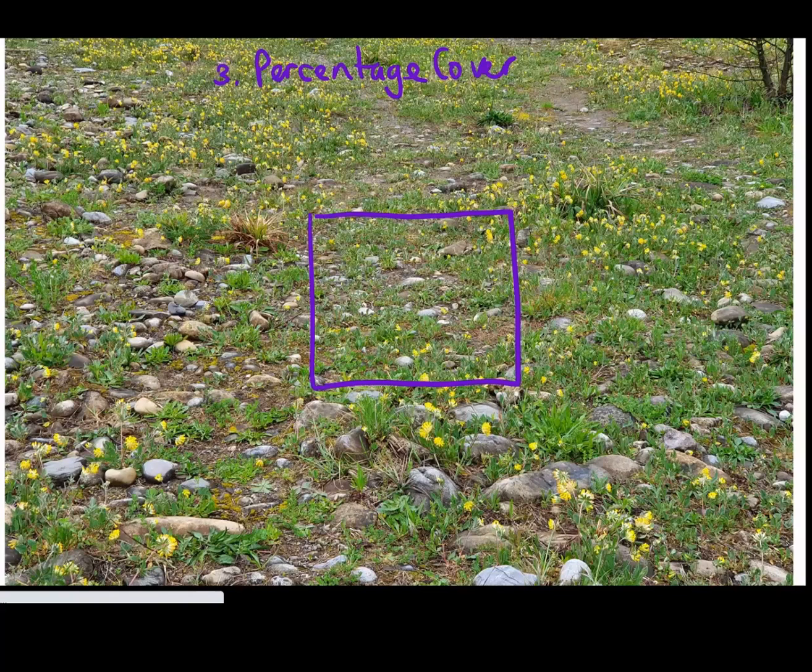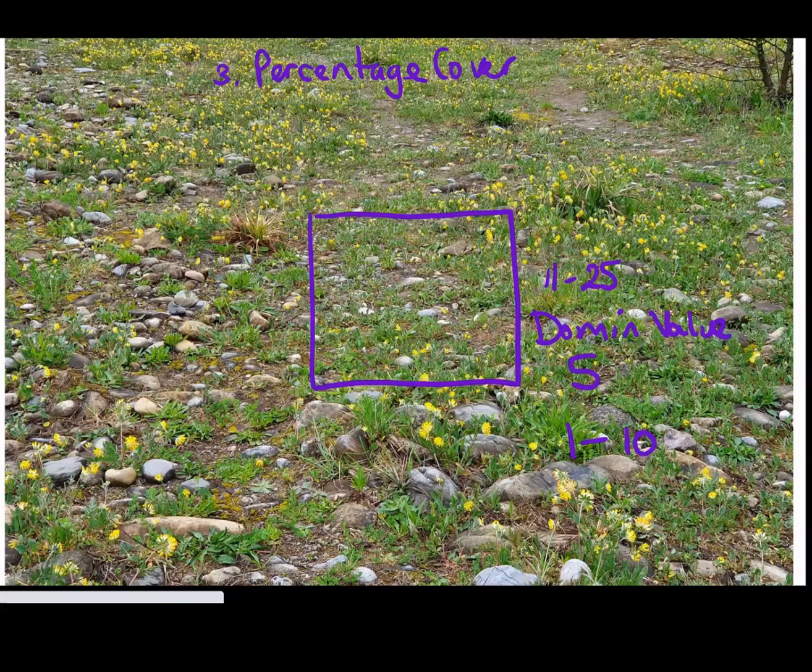So in this estimate, I would say there are 11 to 25 individuals. And so I would give that the Domin value, and I'll write that down for you. Domin value of 5, and this is a scale of 1 to 10.